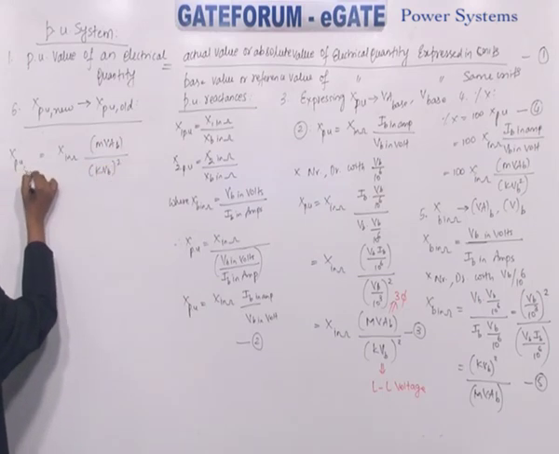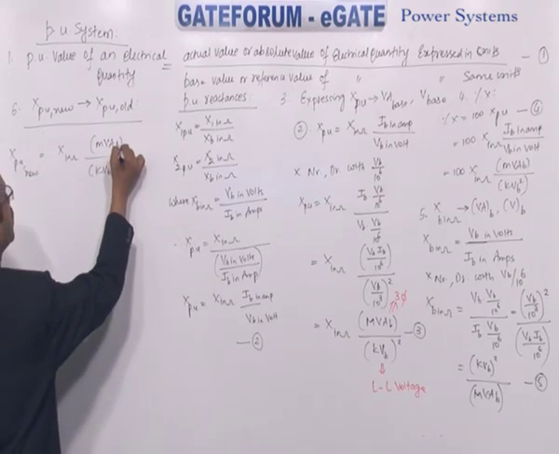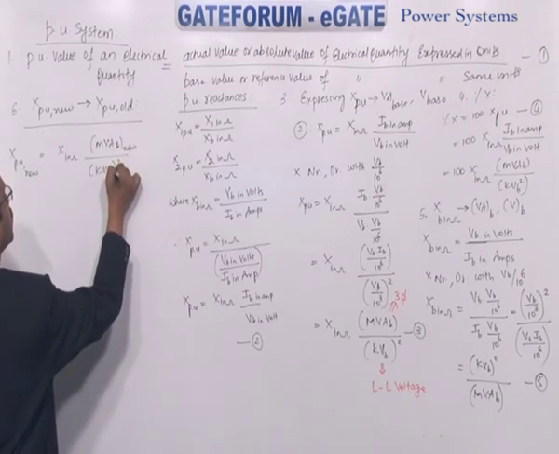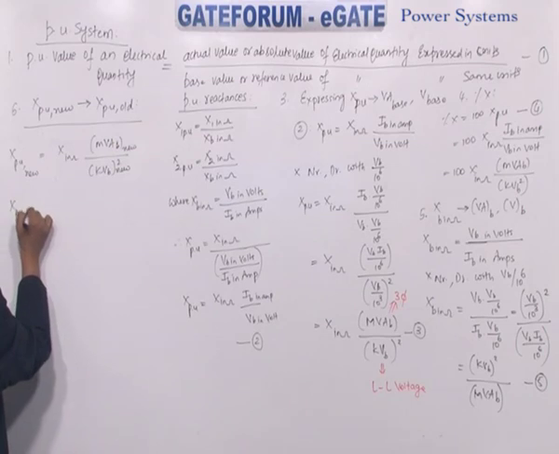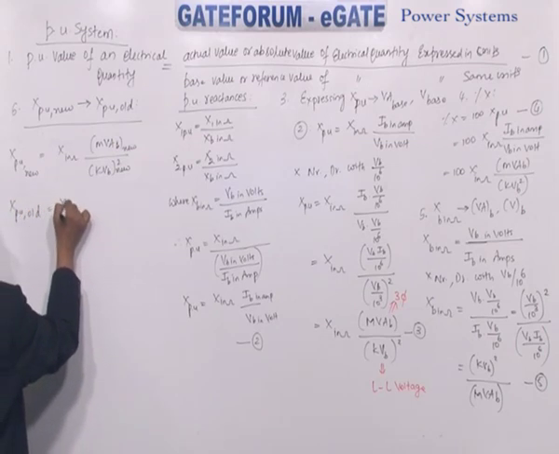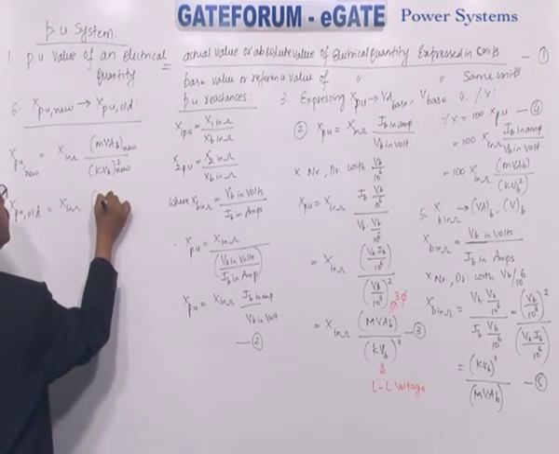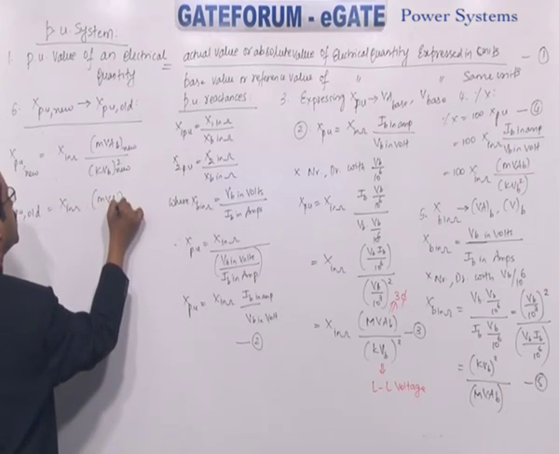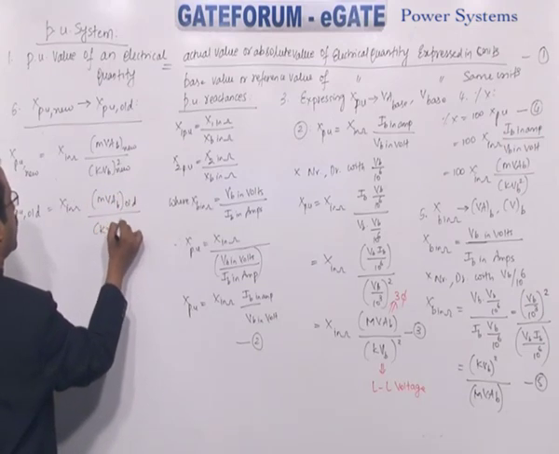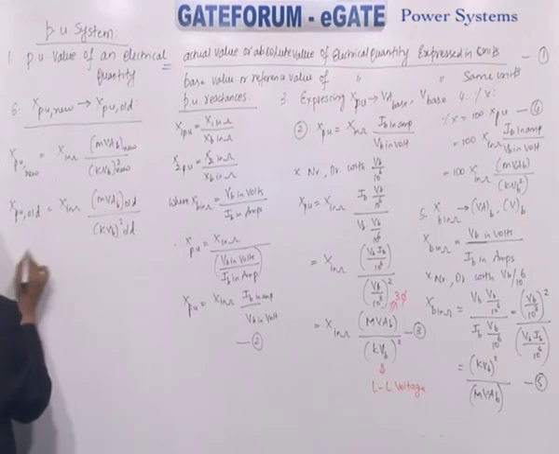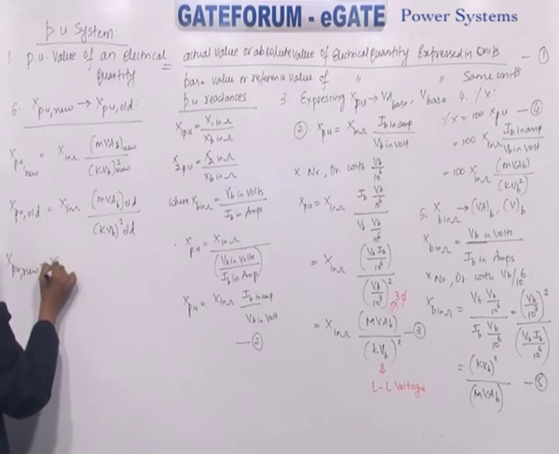Say these are the new values, and previously you have some per unit reactance, so this you can express in terms of old. Now divide these two. Find what is new in terms of old.